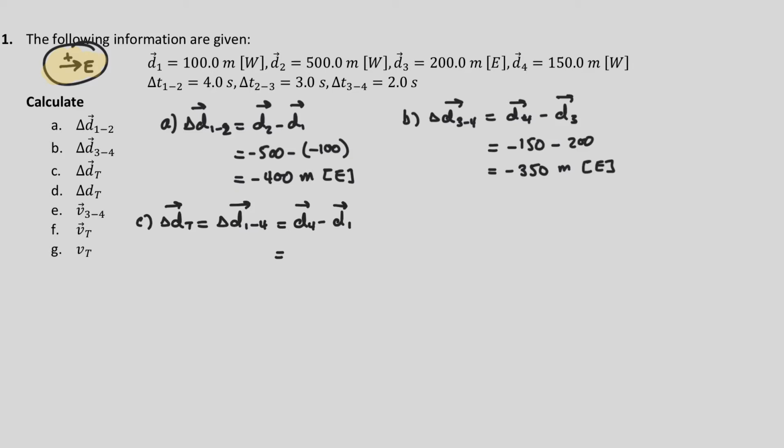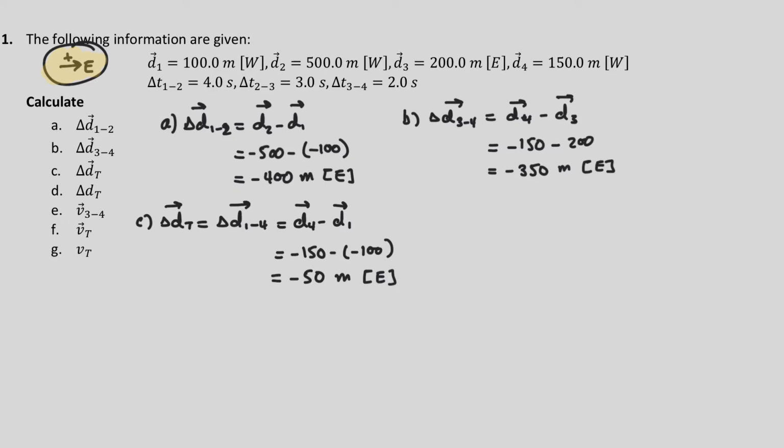That's opposite to east, so I'm going to use a negative value. And position 1 is 100 meters west. So that's also negative, so I'm going to use negative 100. That's the same as negative 150 plus 100, which is negative 50 meters, and my positive is east.